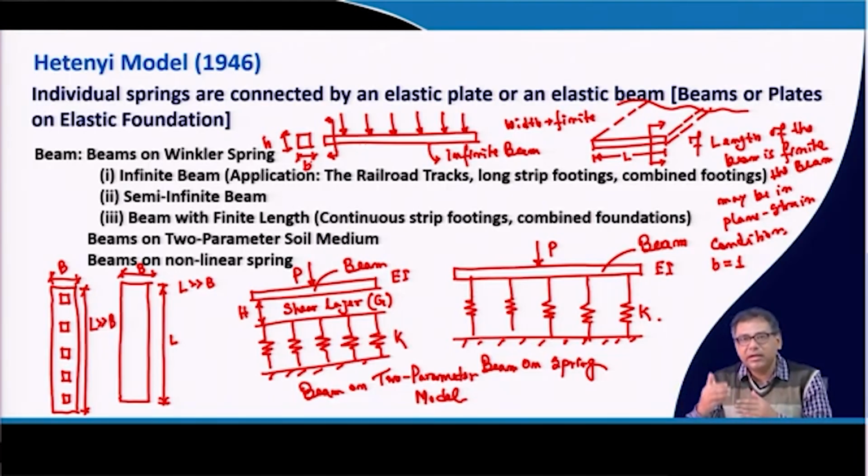That means it is under plane strain condition, where the length of the beam is finite, but the dimension along the perpendicular direction is very large, and we have to consider B equal to 1. So, the beam can be under plane strain condition also. Then what is the application area? In the infinite beam with finite width, the rail track can be modeled like this.